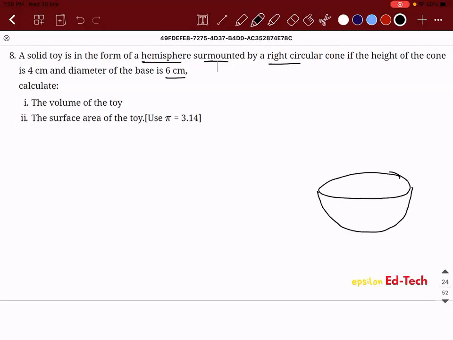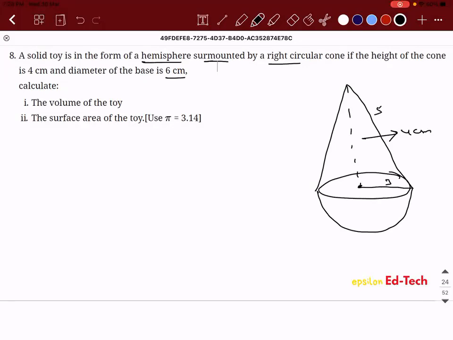If the height of the cone is 4 centimeter and the diameter of the base is 3 centimeter, then this is obviously going to be 5. Calculate the volume of the toy.